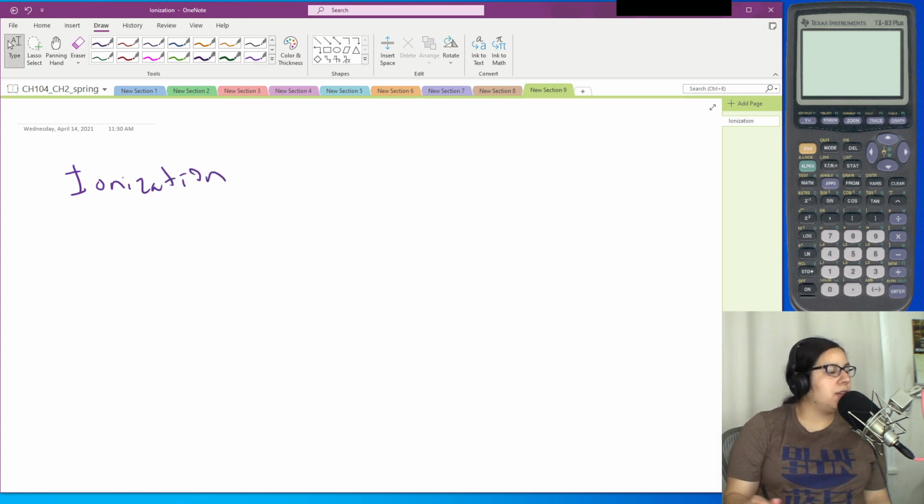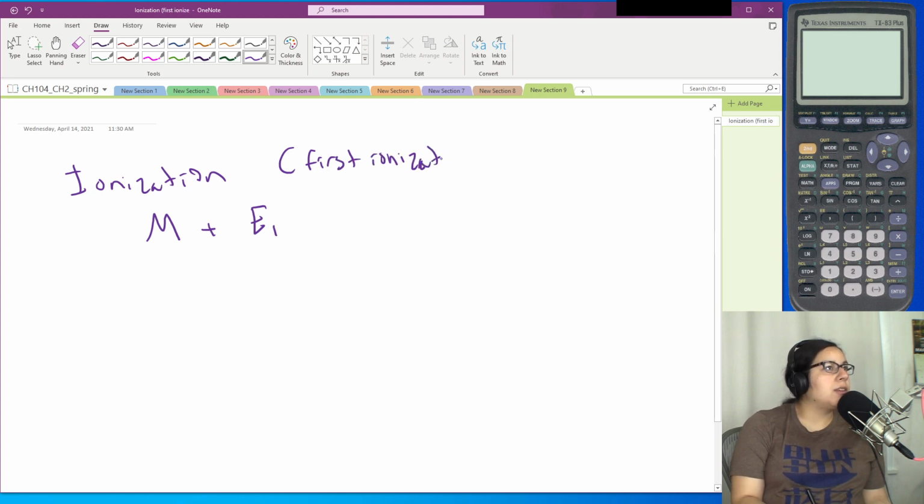So ionization energy is now kind of the opposite of electron affinity. So basically you have your metal plus some sort of energy. For first ionization energy, first ionization is just how much energy does it take to remove that first electron.